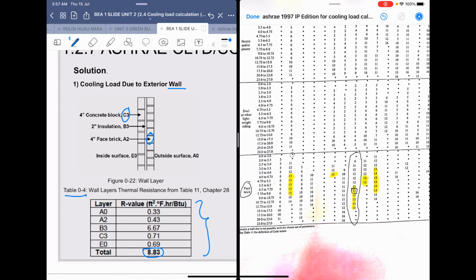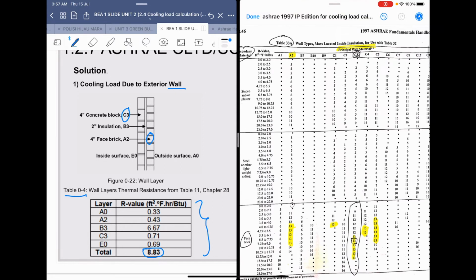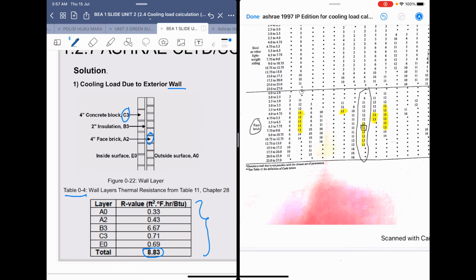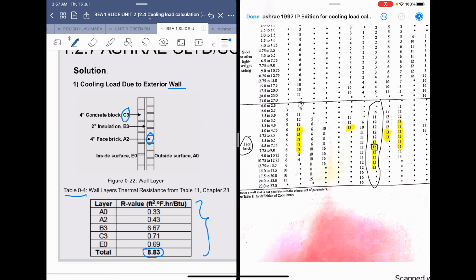But then we have to determine the total resistance of the wall. The one that we just got before, you have to refer to the total R value of the wall. Our case is 8.83.